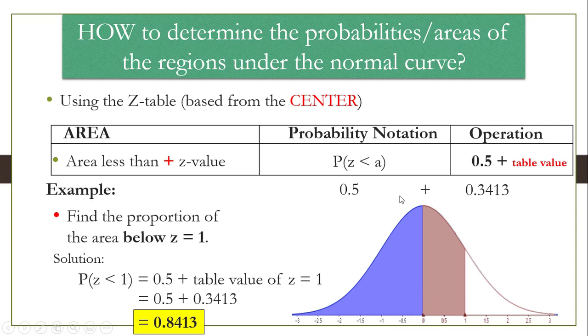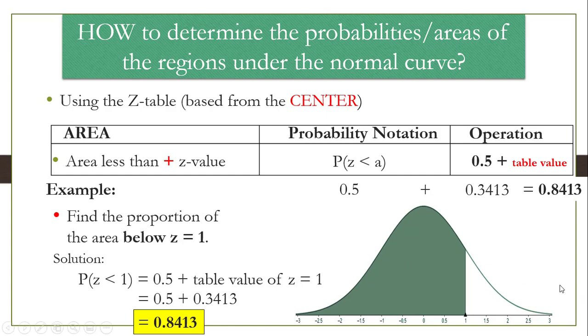That is why we need to add. If it is positive and we are looking for less than the value, we add 0.5. Adding these two areas, it equals 0.8413.